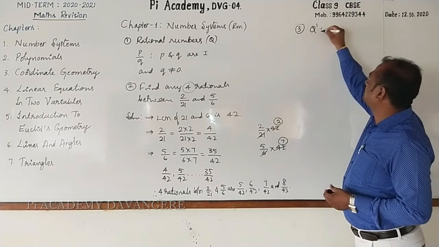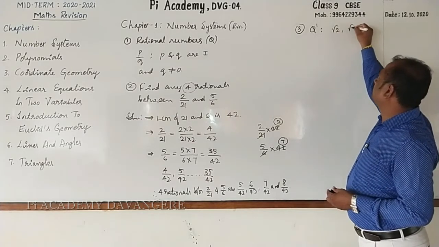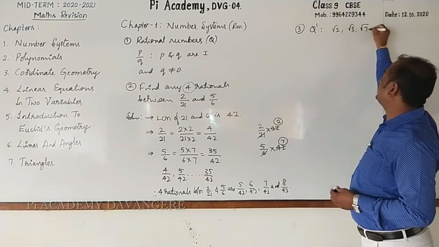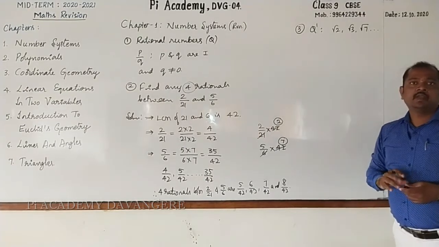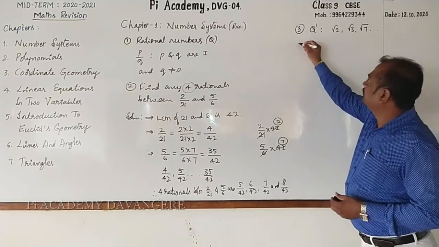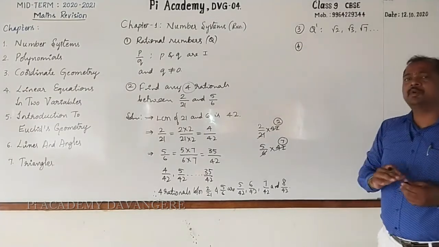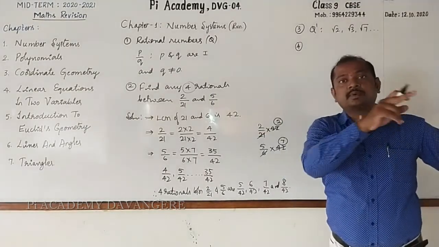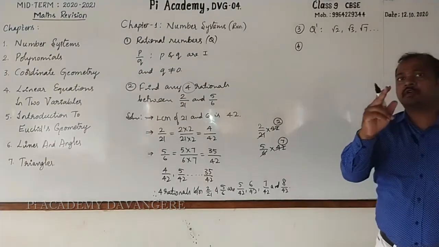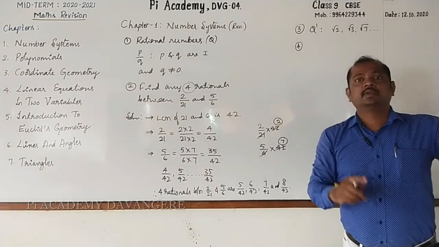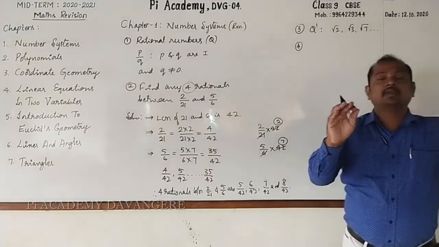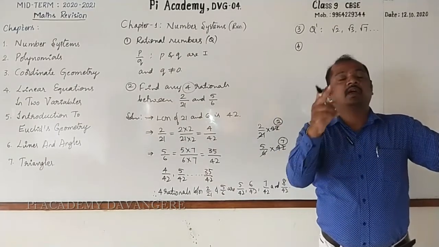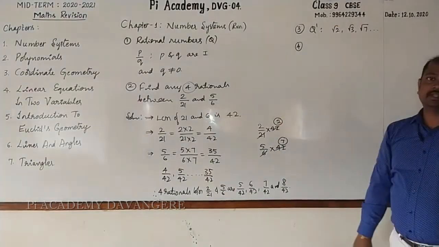Use some examples. It is root 2, root 3, root 7 and so on. And with respect to this, we have learnt an important concept, that is representing irrational numbers on the number line. Actually, we have two important methods. Yes, one is the spiral method and another one is the vertical method.